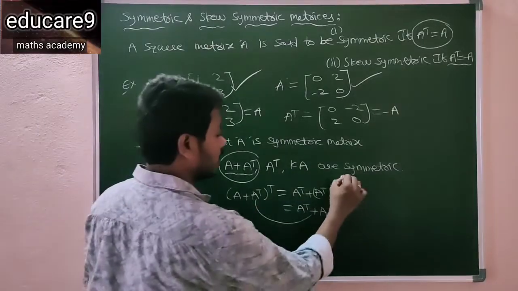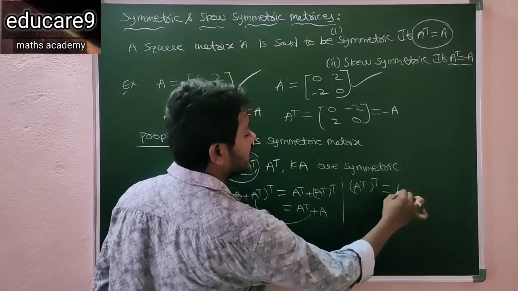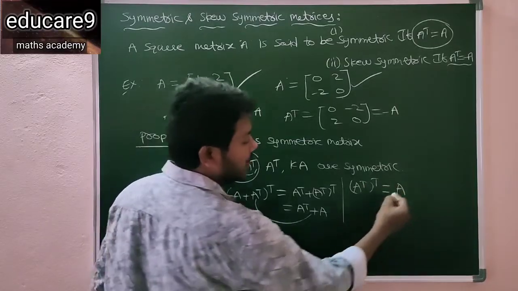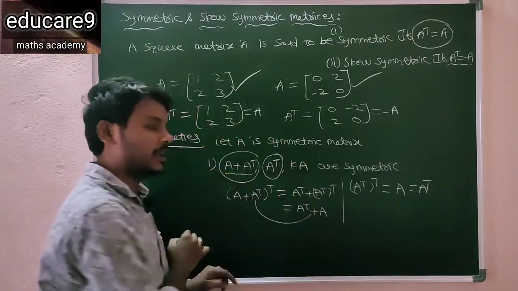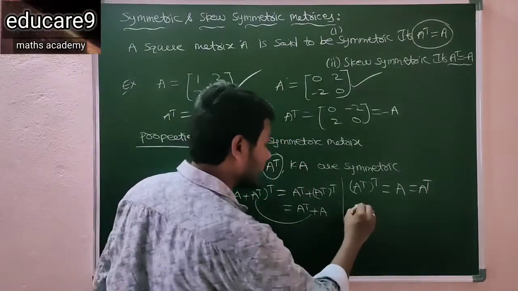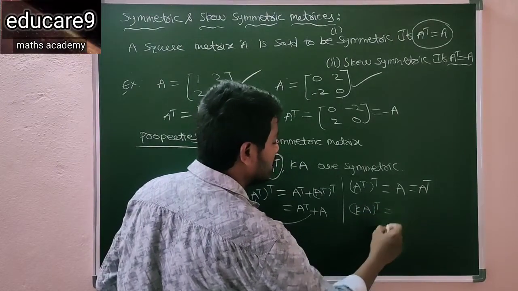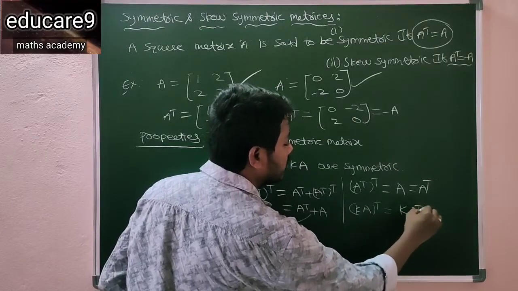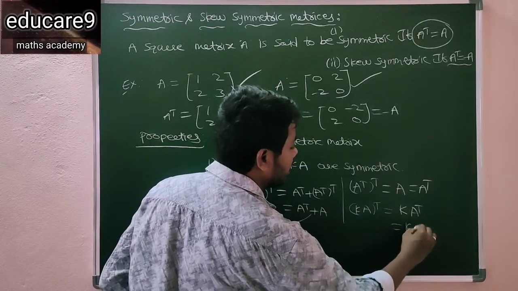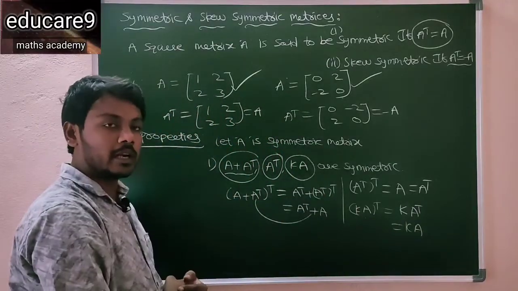Next one, A transpose. So A transpose whole transpose is what? A. This A can also be written as A transpose. This is symmetric. And K: K into A whole transpose is equal to K into A transpose. What is A transpose? A. Again you get K. Therefore K is also symmetric.